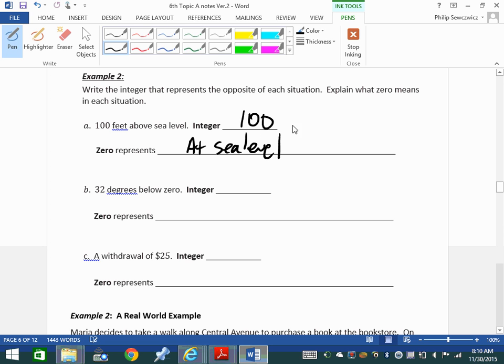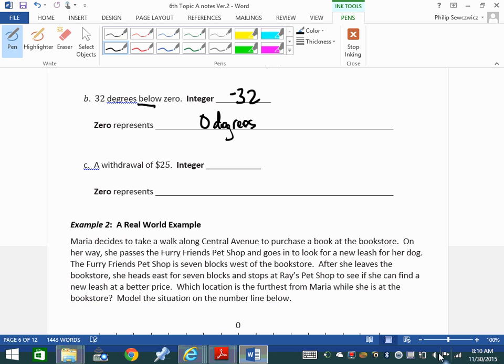You are exactly at sea level in that particular case. 32 degrees below 0, we are below it. That makes it a negative amount, so it is negative 32. And 0 is just going to represent 0 degrees. So we do have some labeling. Sometimes it's more specific, sometimes it's not anything in particular.